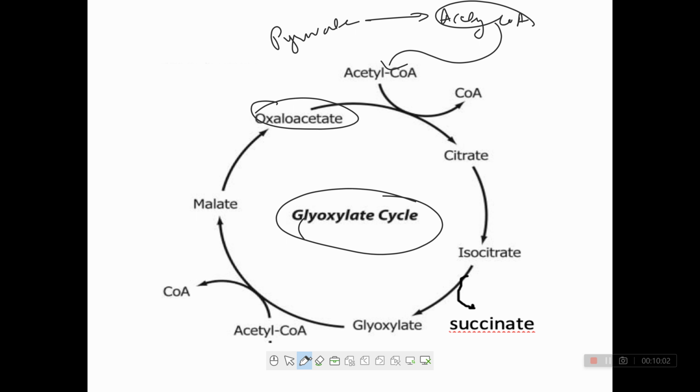Similarly, oxaloacetate binds with acetyl coenzyme A and forms a citrate molecule. Now this citrate is converted into isocitrate. After this, isocitrate is converted into glyoxylate and succinate, and succinate is removed from here and used as a carbon source.